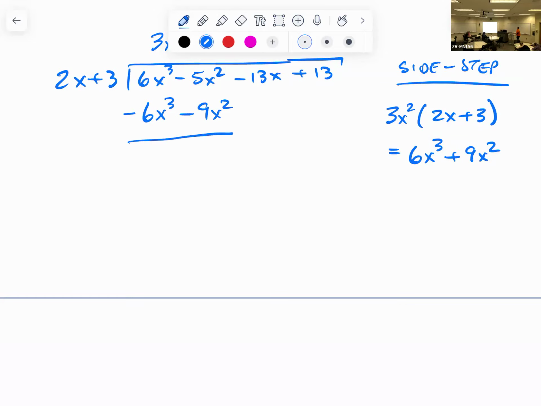It's almost always this first step that gets the most messed up. Everyone knows that this should go away. But if you forgot to flip this sign in addition, you would have had negative 5x squared plus 9x squared, and all of a sudden every step from there on is messed up. So both signs flip because again, it is a quantity, subtraction.